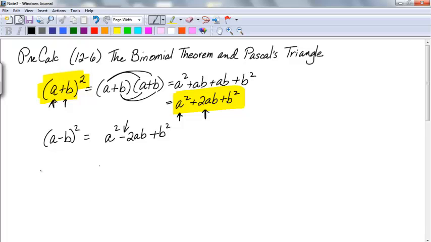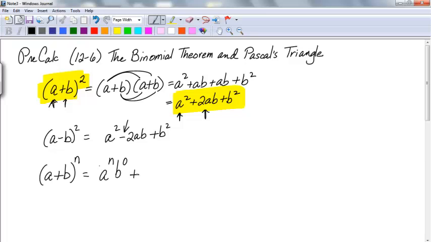Okay, so if we take a binomial, a plus b to the n power, it will always start out with that first term to the n power and the second term to the 0 power. That first term is always going to be a to the n power, b to the 0 power.